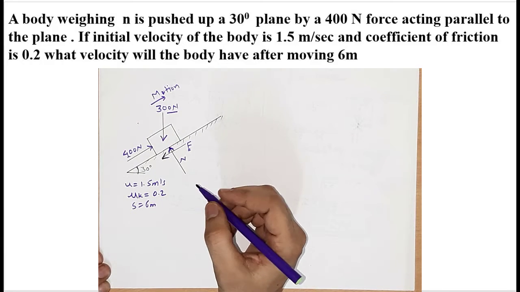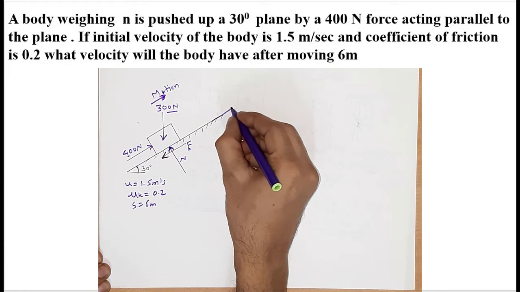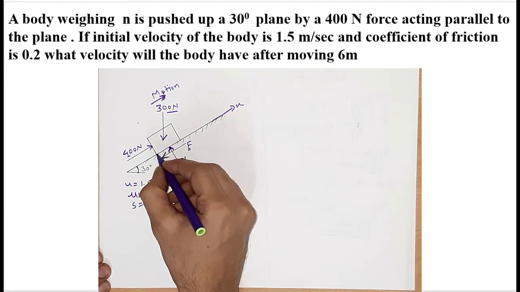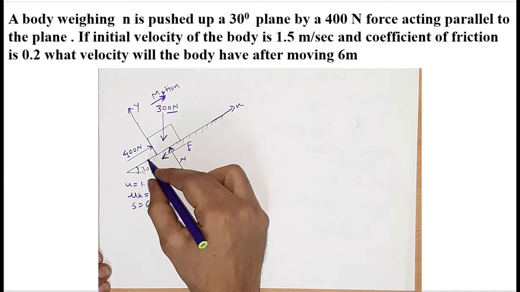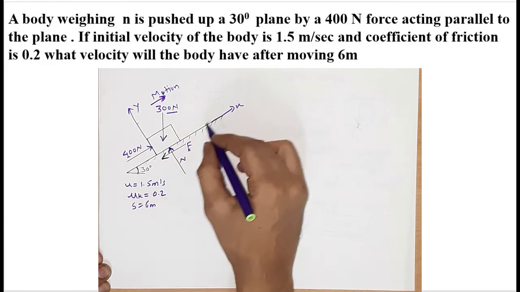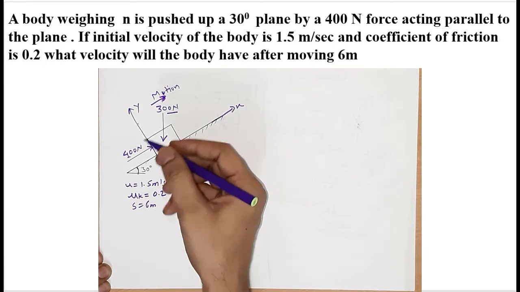Now see, the motion is in this direction. We can assume this as the x axis and this as the y axis. Forces along the plane we can call the horizontal forces, and forces perpendicular to the plane we can call the vertical forces, or forces in the y direction.